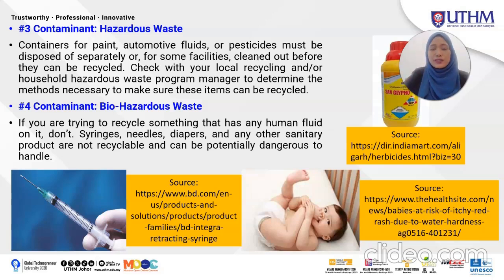Check with your local recycling or household hazardous waste program manager to determine the method necessary to make sure this item can be recycled. So we need to identify first whether this item belongs to high concentration or low concentration, because we need to identify the hazard where it will give impact to our human health and also the environment.